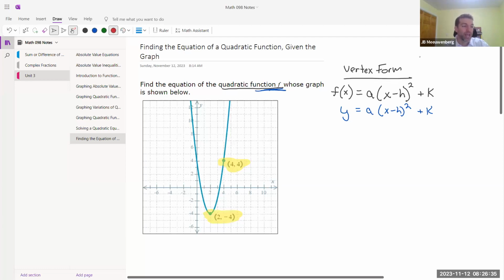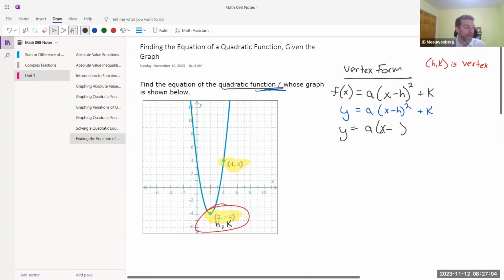Well, (h, k) is the vertex. And so when you are trying to build your quadratic equation, that's where you always want to start. Let's fill in the numbers from the vertex. That's the first thing you want to do. y is equal to a times x minus h, x minus. So here is our h and here is our k.